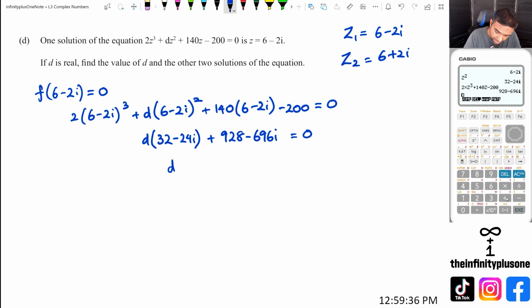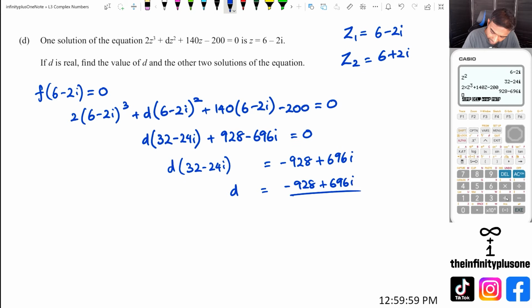So then d times 32 minus 24i equals negative 928 plus 696i. I'm not feeling very confident with this one, but let's just see what happens. Then d is equal to negative 928 plus 696i divided by 32 minus 24i. So I'm going to divide this now by 32 minus 24i.